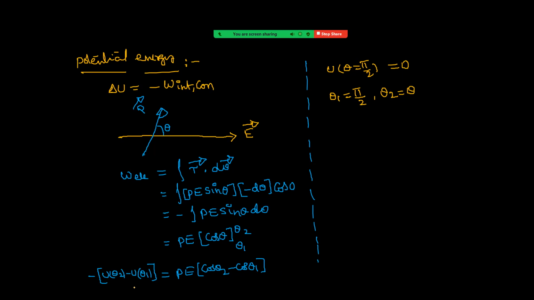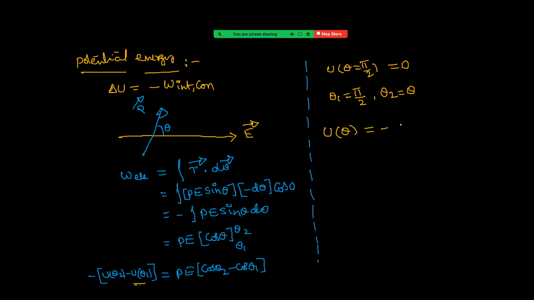Theta 1 is now 90, so this value becomes 0. The remaining is the minus sign, and taking minus to the right side, the remaining will be U of theta 2, that is U of theta, because we have taken theta 2 as theta.